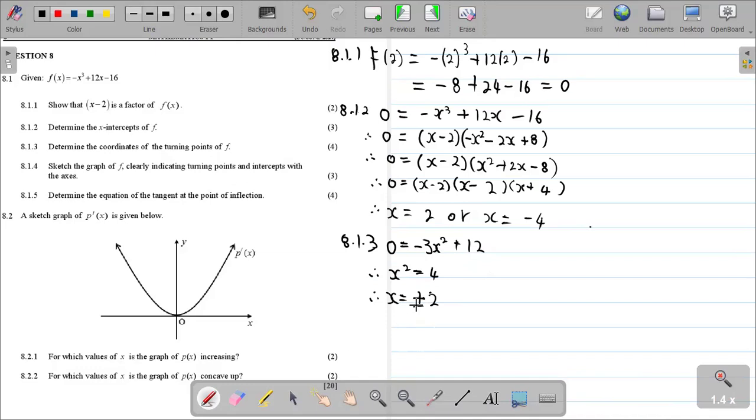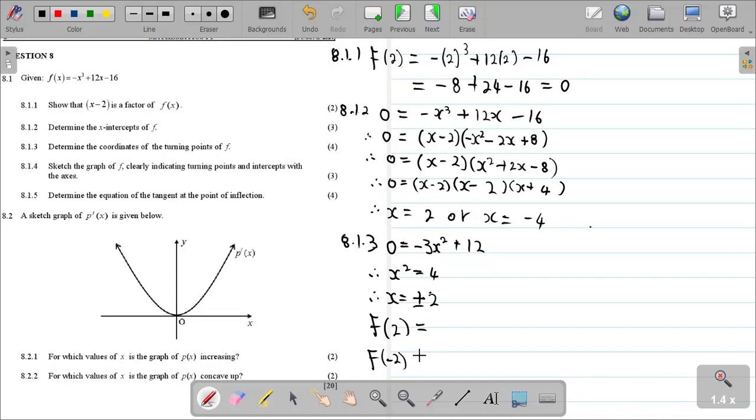So now there is a plus and minus here. So now we must substitute the 2 into the original equation here. Okay, so f of 2 and f of negative 2.